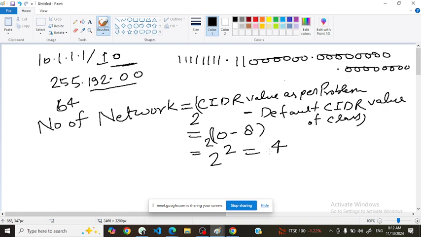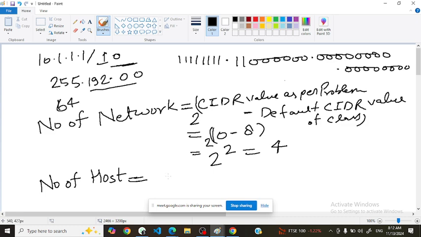But what about the host bits? If you calculate the number of hosts, we are still left with how many host bits? 8, 8, which is 16, plus 6, which is 22, right? So 2 to the power of 22. This is how we calculate the hosts.